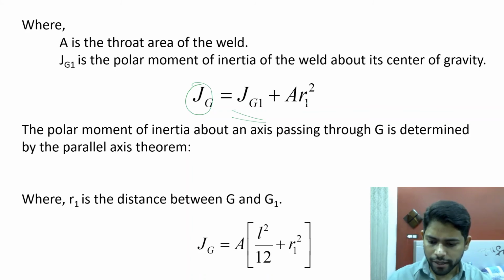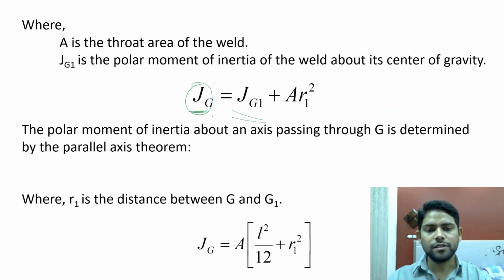Again, I'll repeat, this polar moment of inertia about the center of gravity is calculated by, first of all, calculating the polar moment of inertia of the weld about its own center of gravity, which we are calling Jg1.